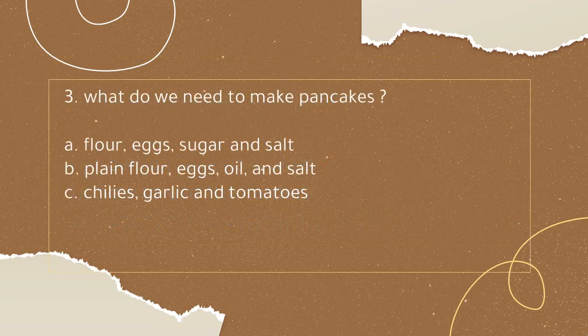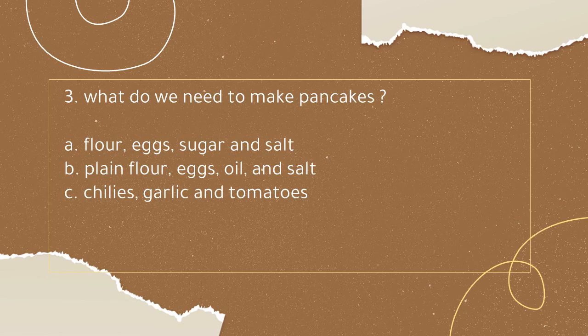For the next question, what do we need to make pancakes? A. Flour, eggs, sugar, and salt. B. Plain flour, eggs, oil, and salt. C. Chilies, garlic, and tomatoes. For the best answer, what is it?